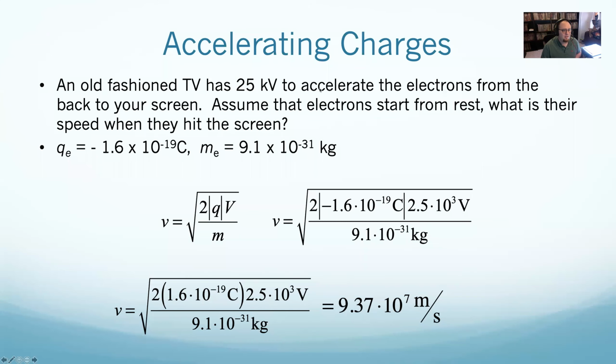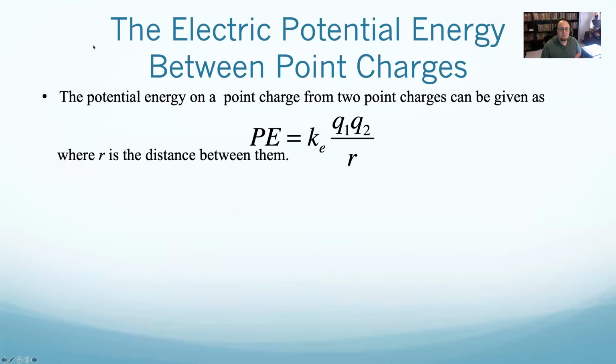So here's another thing. This all started with potential energy. So let's go back though. We know that between 2 point charges, we can have a force. And from 1 point charge, we can have an electric field. But if you create an electric field with 1 point charge and you bring another point charge towards it, you're moving that point charge in an electric field.